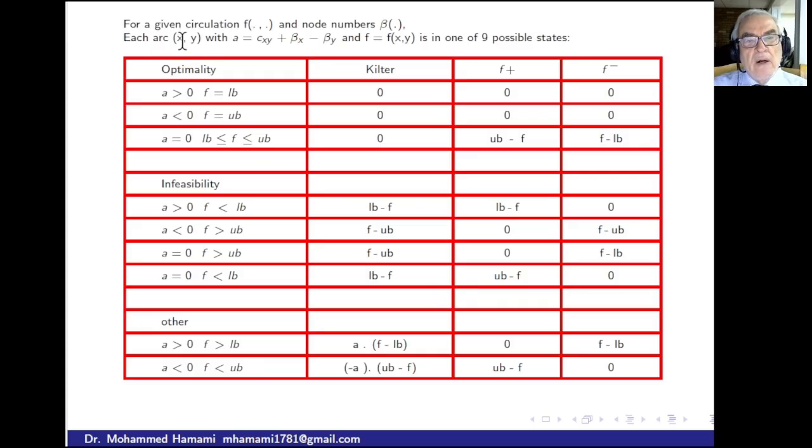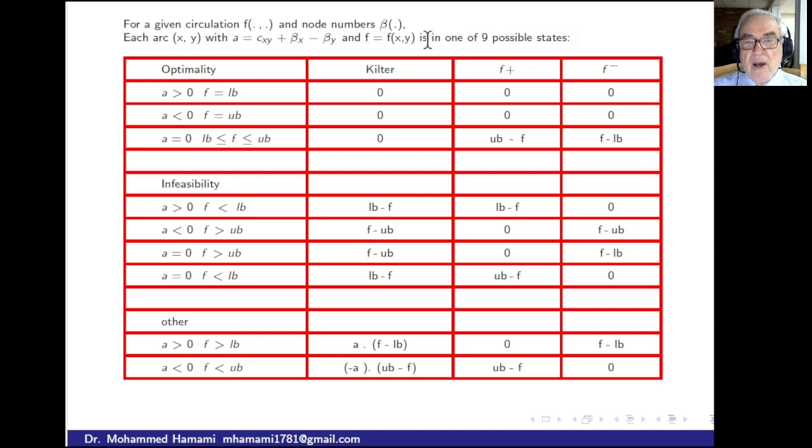So now, given a circulation f and a node number beta, on each arc we calculate the adjusted unit cost a, which is cxy plus beta x plus beta y, and f is the flow. This circulation is not necessarily feasible.